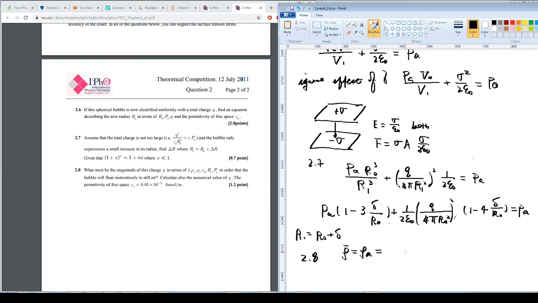So now we have the density, which will be smaller due to, I think it must be this. That's the rho i term plus the same thing, 3 rho b delta over R naught.